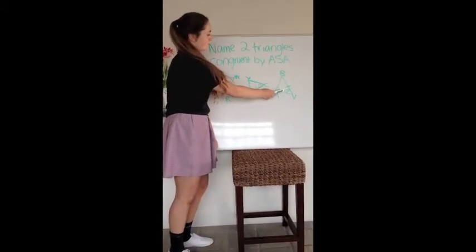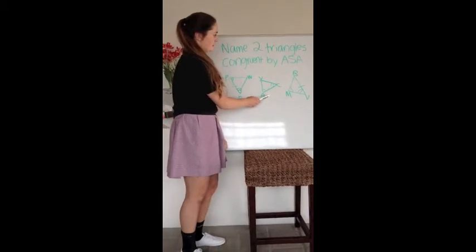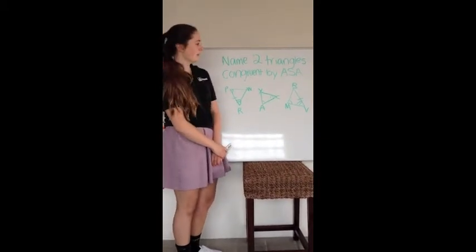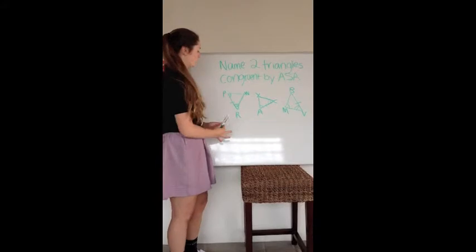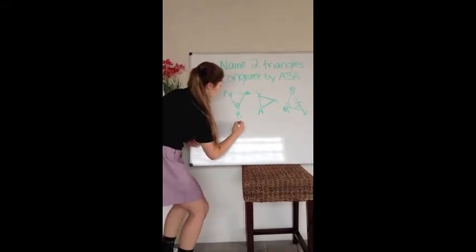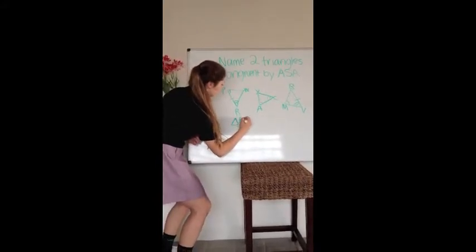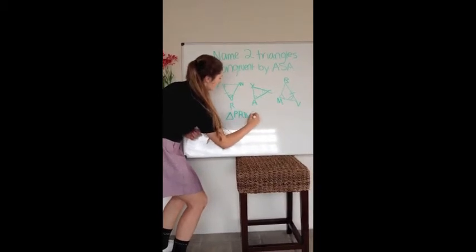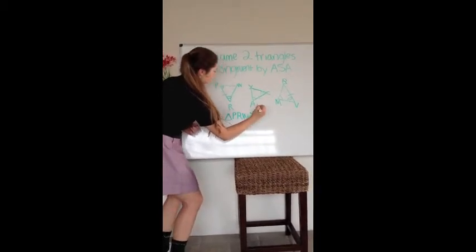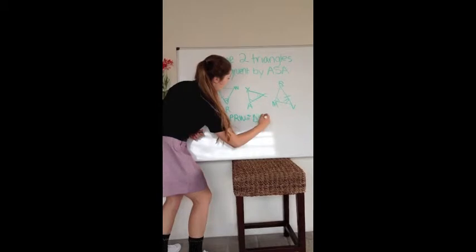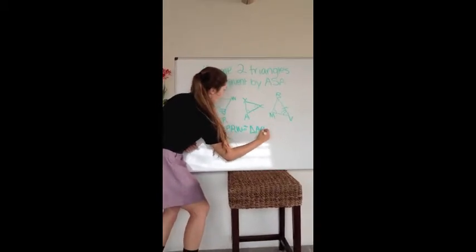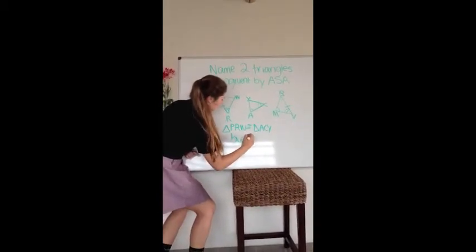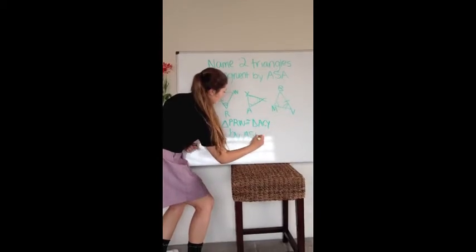This side isn't included, but this side is. So automatically we know that triangle PRW is congruent to triangle ACY by ASA.